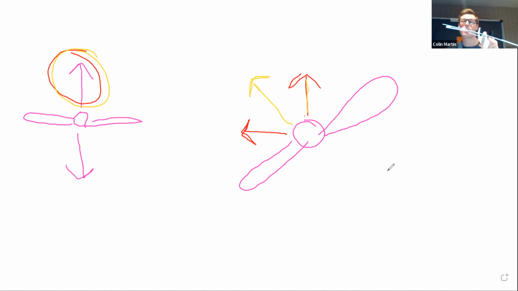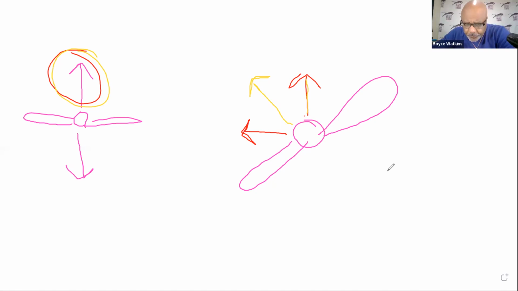Okay, cool. Now, if we picture our hand going out the window and we go like this, it moves up, but it also moves backwards, right? And if we think about it, if we increase lift, we're going to increase drag, right? Yep. So that's where that adverse yaw comes in. Okay.